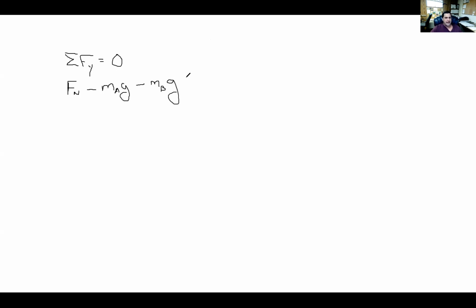The other thing that I have is the mass times gravity of the seesaw board itself. So this is the first child, this is the second child, that's the seesaw, that's the normal force. So you have to account for all of these things. So this is the first condition of equilibrium.